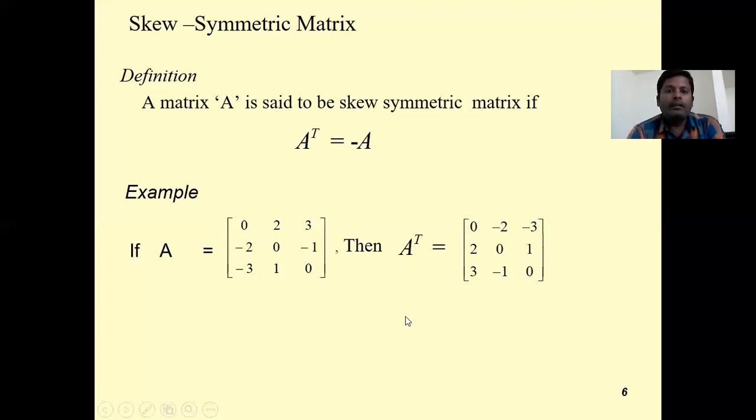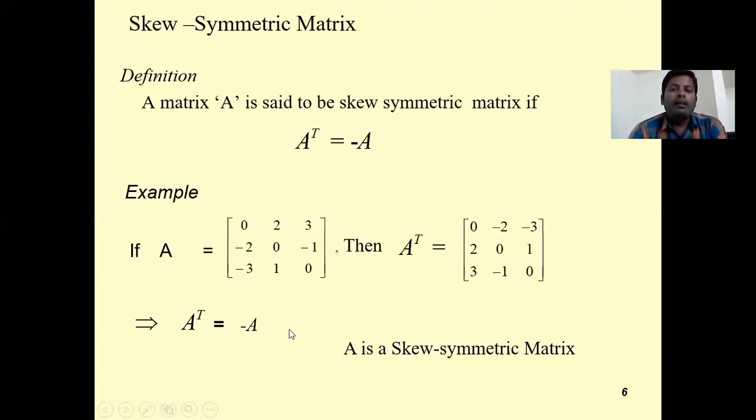Here A transpose is equal to minus A. Whenever we write the transpose, we get the matrix equal to minus A. That means A transpose is equal to minus A, so we can say that A is a skew symmetric matrix.